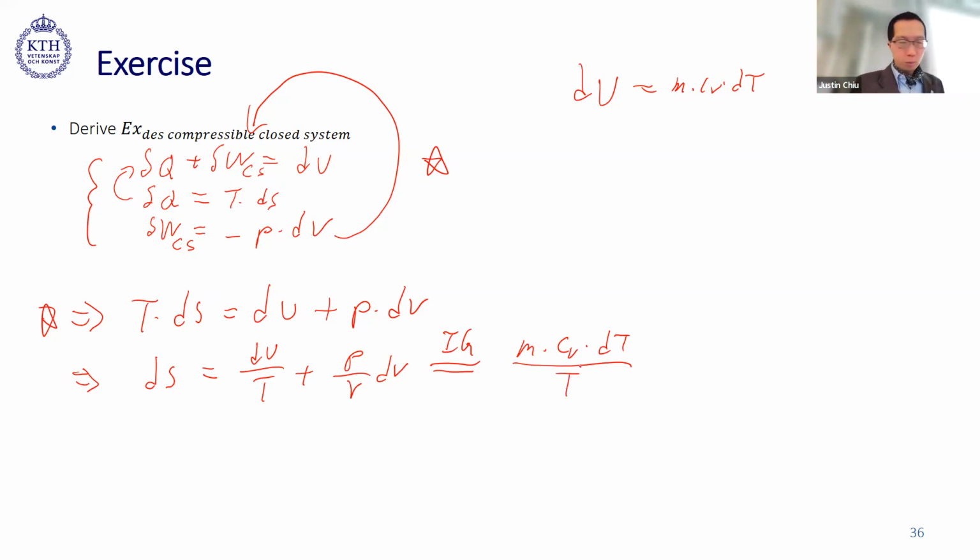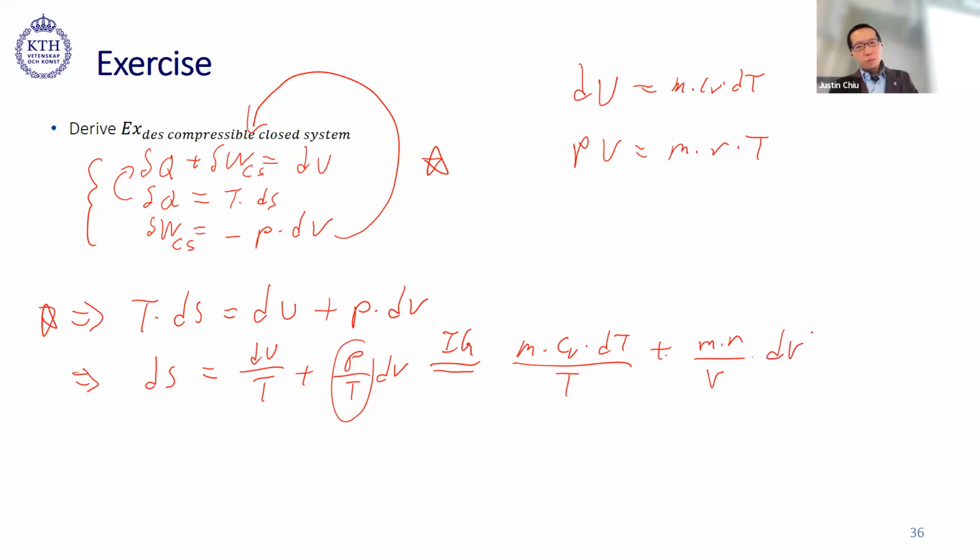So I'm having everything written with big letters. And then what is P over T? We know that PV equals mRT. I divide everything by T, so P over T is mR over V, and then dV.